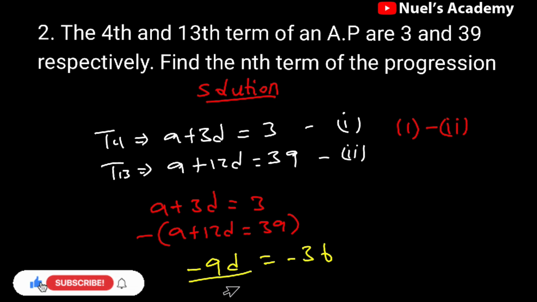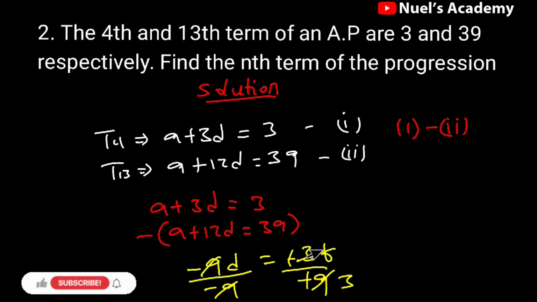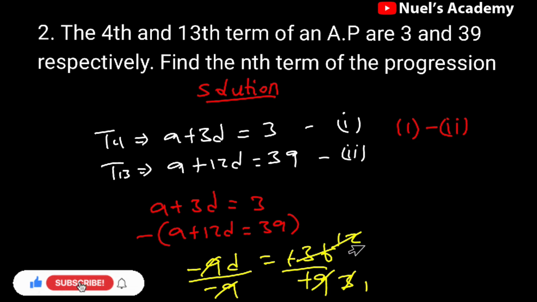So let's divide both sides by minus 9. This and this will cancel. This and this will cancel. 9 divided by 3 is 3. 36 divided by 3 is 12. 3 divided by 3 is 1. 12 divided by 3 is 4. So we have that D, which is the common difference, is equal to 4.